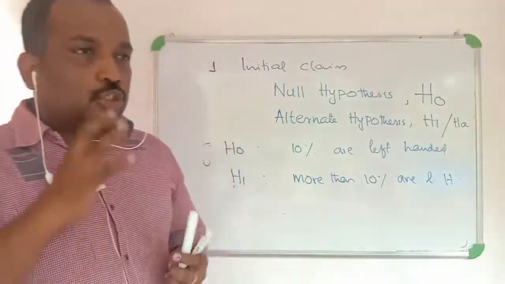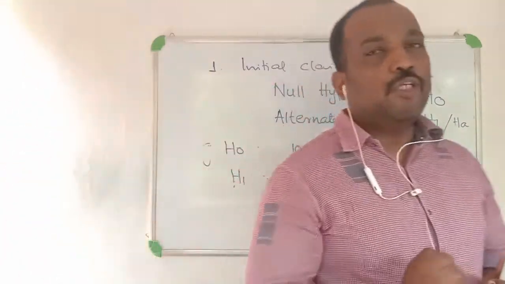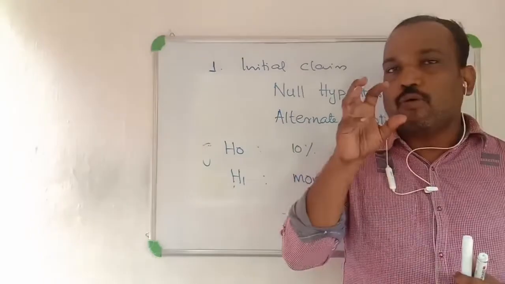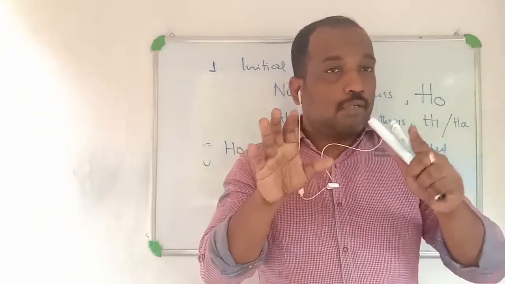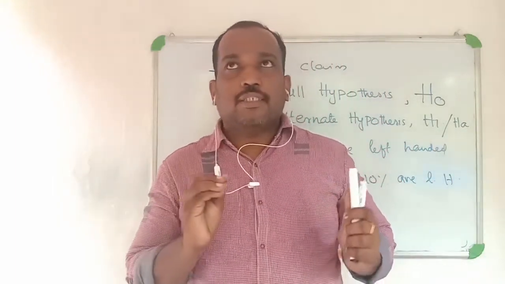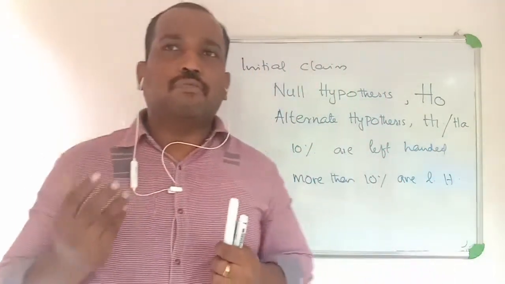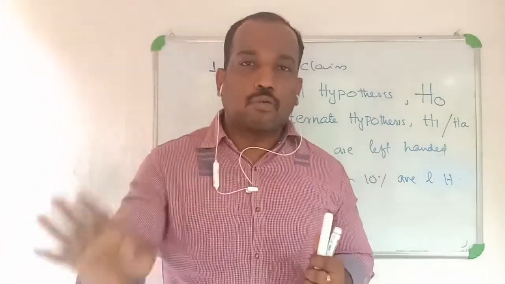Now, when you make a claim, you have to show a confidence level of maybe 90%. Don't show a confidence level less than 90%. If you say, yes, I am 75% confident, or I am 80% confident, that shows that you are not confident.